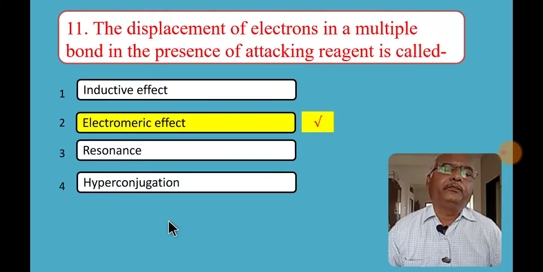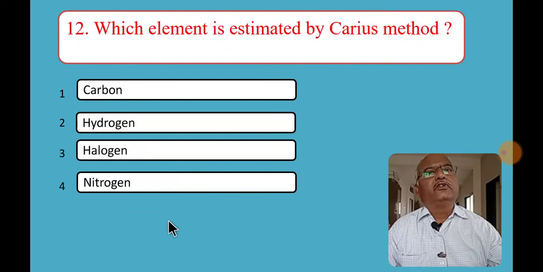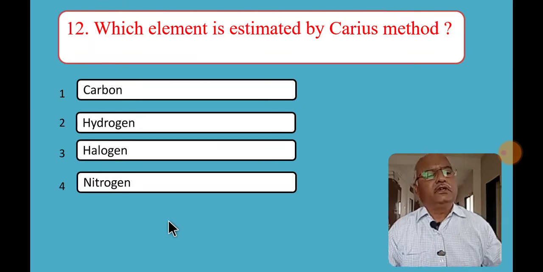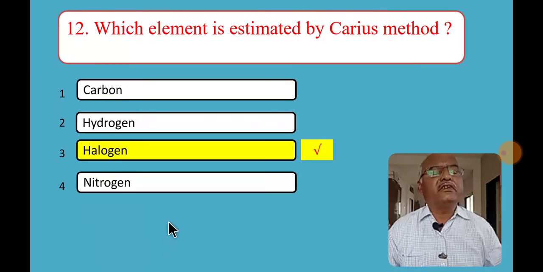Electromeric effect. Next, question number 12. Which element is estimated by the Carius method? Carbon, hydrogen, halogen and nitrogen. Select the answer. Halogen is the correct answer.